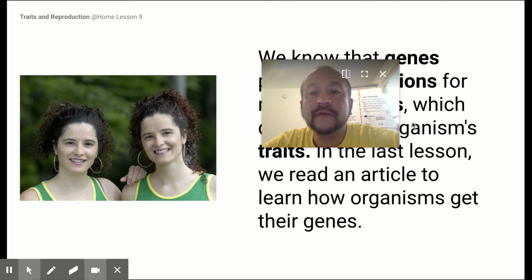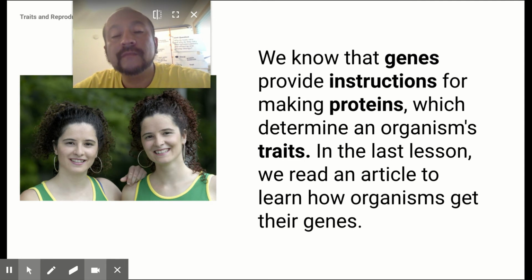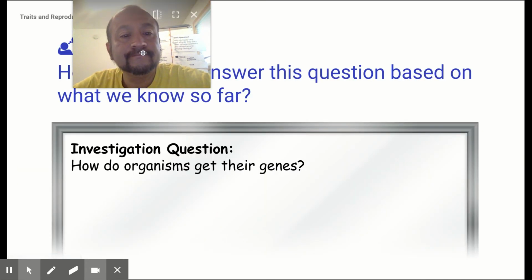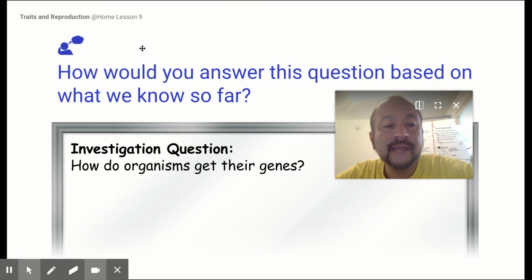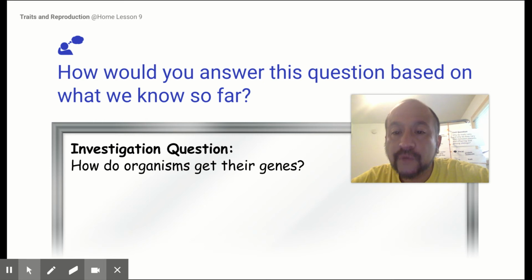We know that genes provide instructions for making proteins, which determine an organism's traits. In the last lesson, we read an article to learn how organisms get their genes. And here's that investigation question again. How do organisms get their genes? How did you get your genes?